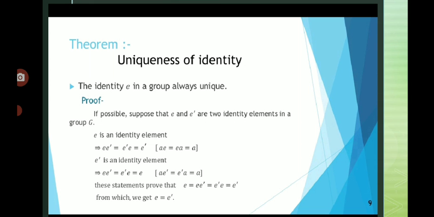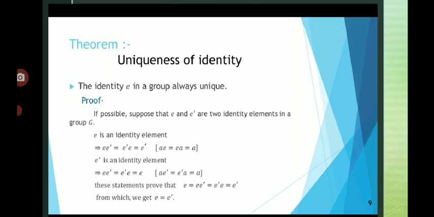And next, let us take E dash as an identity element. Then by the identity property, E into E dash equals E dash into E equals E. From these two statements, E equals E dash into E equals E into E dash equals E dash.